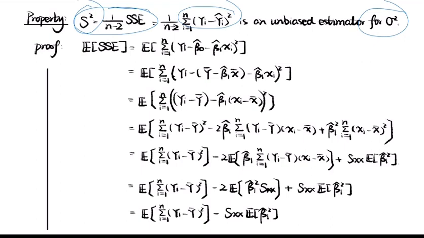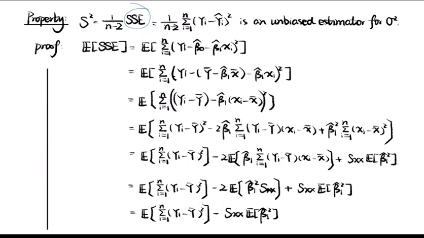I'm dividing by n minus 2 because the general formula is n minus k, where k is the number of regression parameters. It is 2 here because with beta naught and beta 1, we got two parameters. Okay, so now let us first talk about the sum of square error.